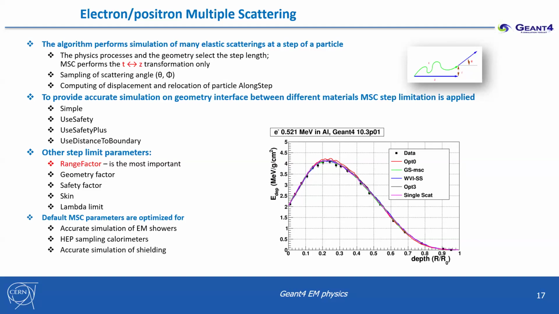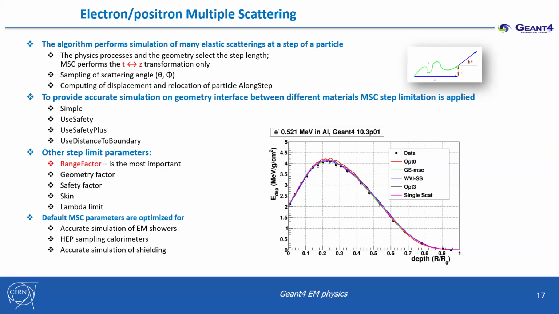So the trajectory is very stochastic. The different Geant4 models predict this with different accuracy, but in this plot, they are all decent, and they reproduce experimental data well. But the code of multiple scattering is quite complicated.